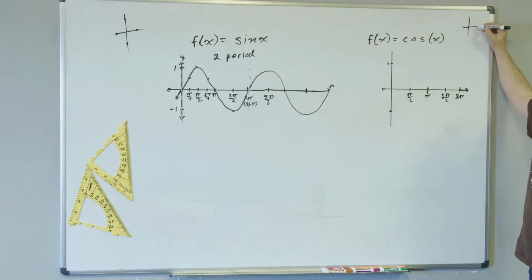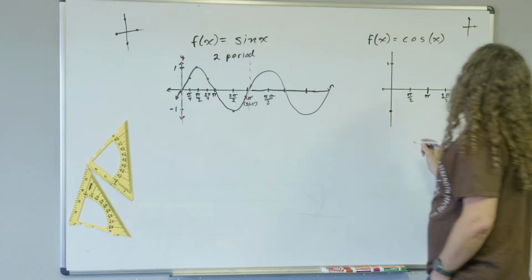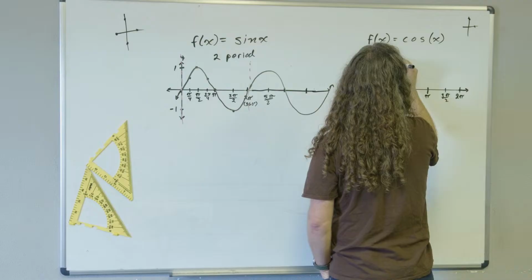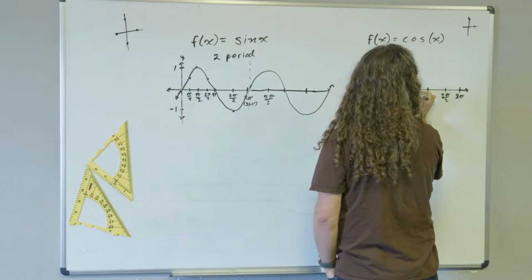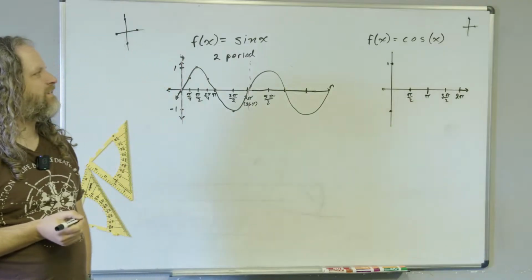Cosine is x. At 0, it's 1. And then at pi over 2, it's 0. It starts here and goes down to here. At pi, where is it? Negative 1.